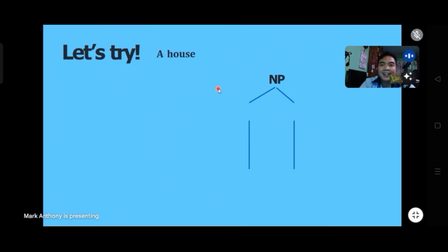That's correct. So yes, that is a determiner. And now the next word we have is "house." What would be its classification, its category, or its corresponding constituent in our phrase structure tree?